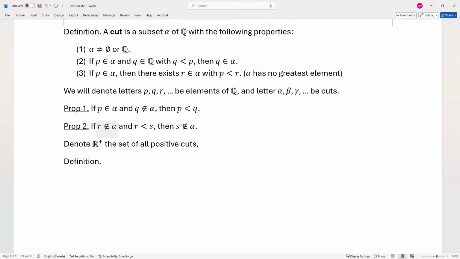Okay, and by that we mean the set of all positive cuts. Let's write alpha such that alpha is a cut. Alpha is in the big R, which is the set of all cuts, and alpha in R such that alpha is greater than 0, and we specifically discussed what this means.